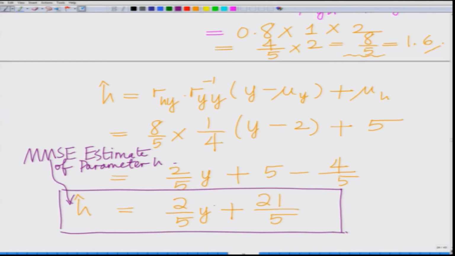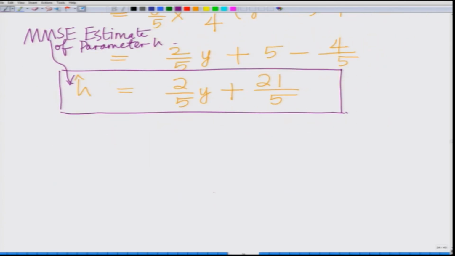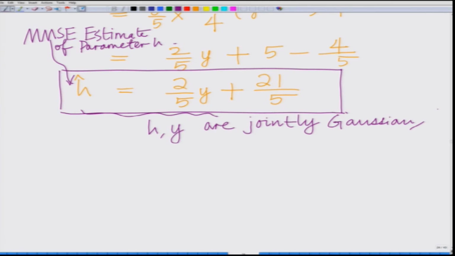Remember we are also given the information; this is the MMSE estimate, assuming h comma y are jointly Gaussian. That is an important assumption. In fact, we will see later that even when h comma y are not jointly Gaussian, this is still an important estimate.